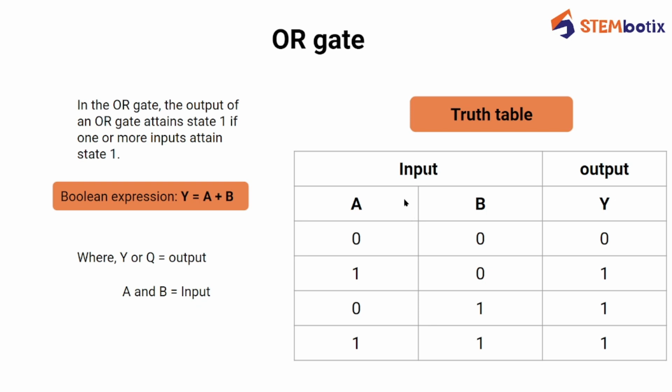Let's see its truth table and how you can construct it. The truth table is made from the Boolean expression. The Boolean expression for the OR gate is Y equals A plus B, input 1 plus input 2.